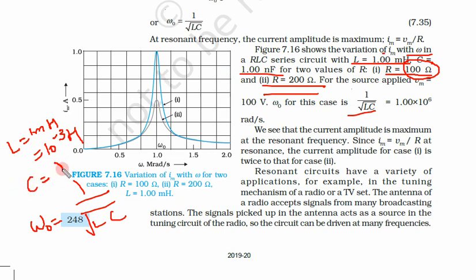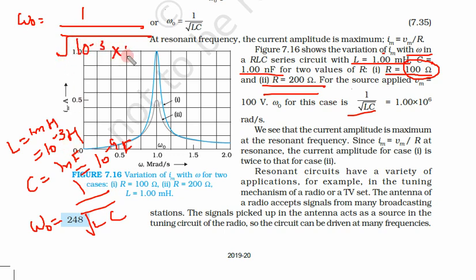C is equal to 1 nanofarad, that means 10 to the power minus 9 farad. Now let us put in this formula. Omega 0 is equal to 1 upon under root of 10 to the power minus 3 times 10 to the power minus 9. So we get 1 upon under root of 10 to the power minus 12.